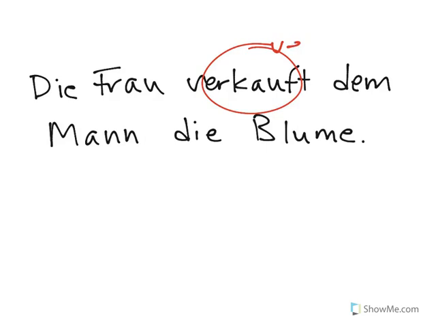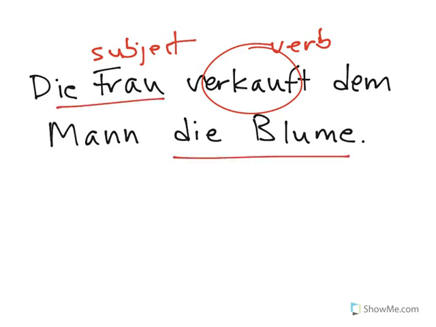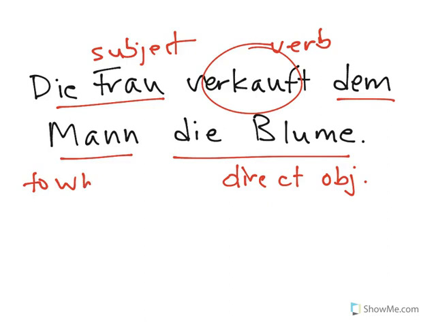So the action is verkaufen. That's our verb. Who or what is selling? The woman. That's our subject. What is she selling? What object? Die Blume. That's our direct object. And then to whom is she selling it? That is our indirect object.